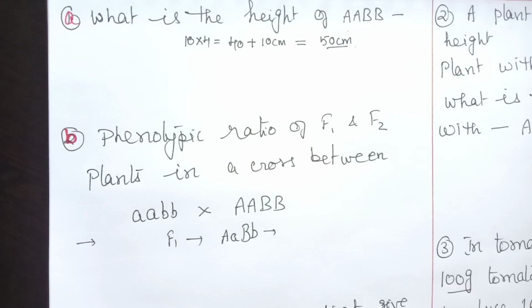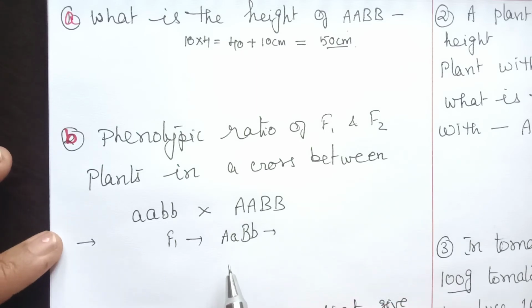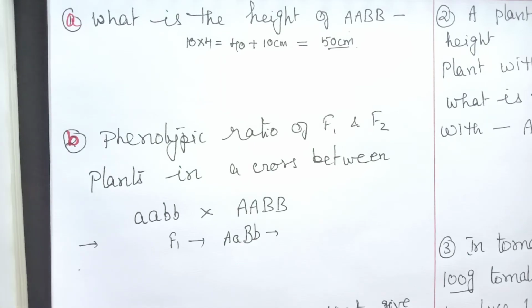So in F1 we can find out how many dominant alleles are present. Here we can find 2 dominant alleles.